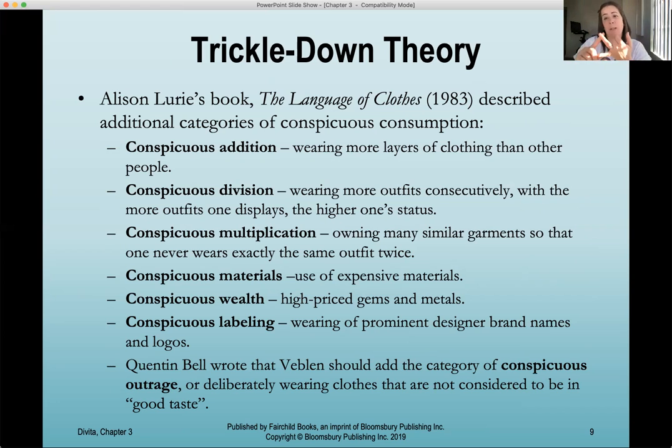Are they functional? Are they comfortable? Do they go along with your aesthetic? They're going to be very difficult to adopt, especially at that high price point. But there are going to be a group of people that do, in order to show that they can spend $1,000 on something that maybe they wear once or twice. That is not necessarily in good taste because most people don't approve of it.